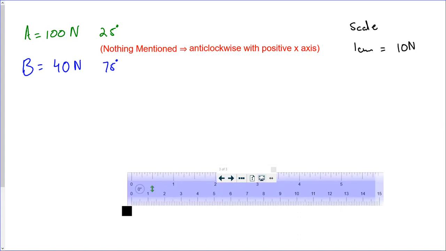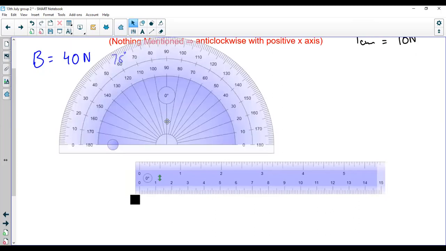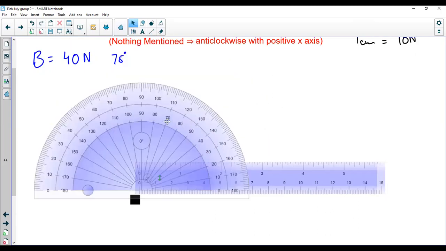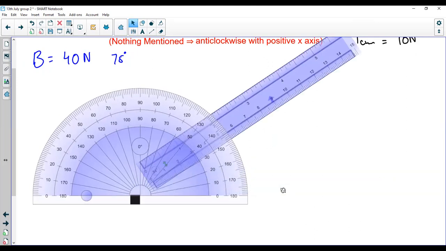To draw an angle of 25, what do we need? Protractor? Yes, we need a protractor. You will place that protractor here and then turn your scale by 25 degrees, right?